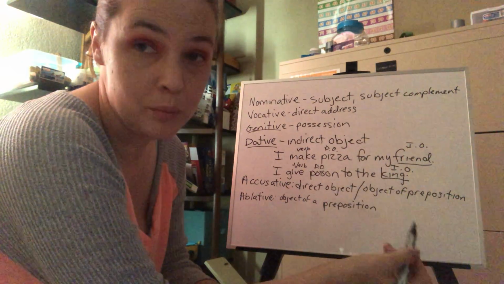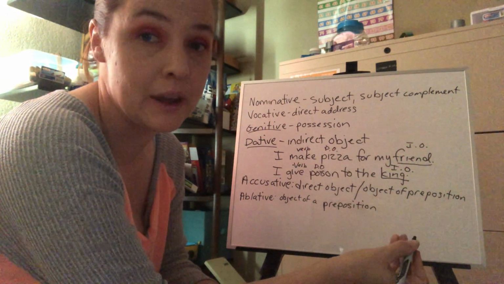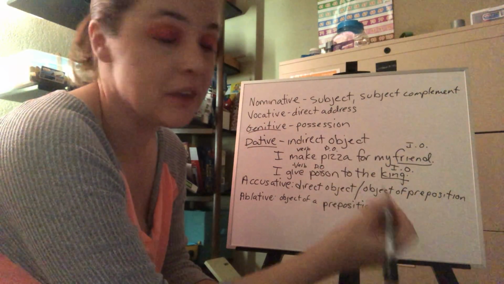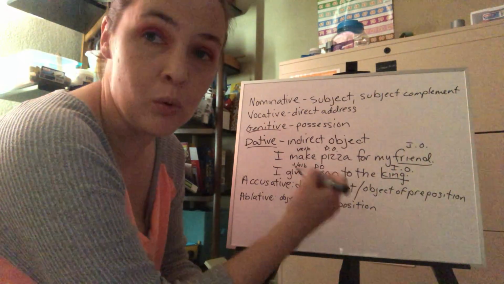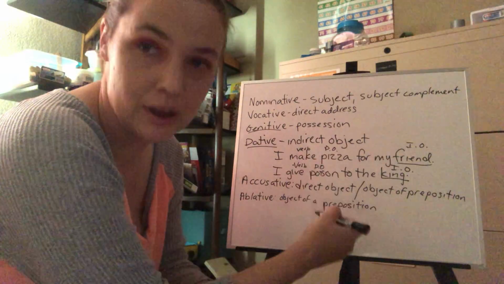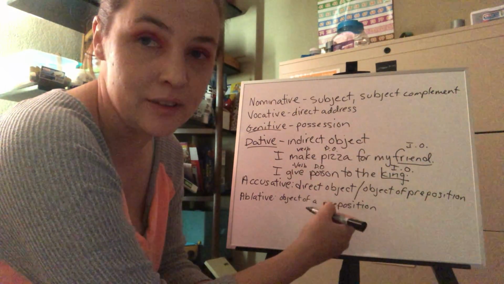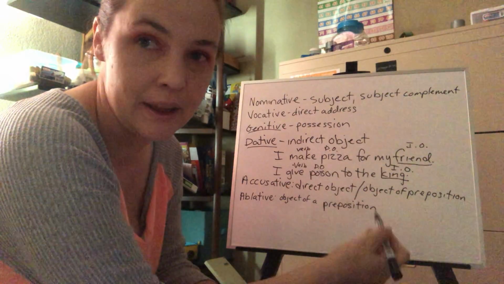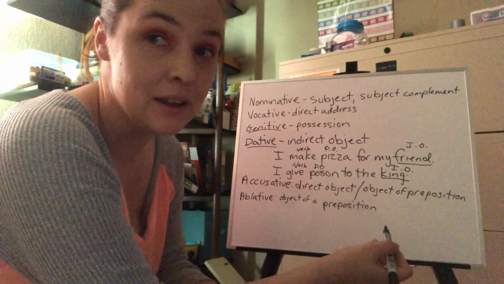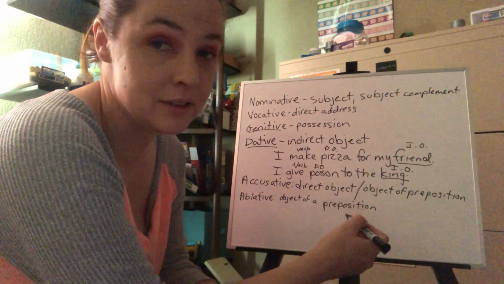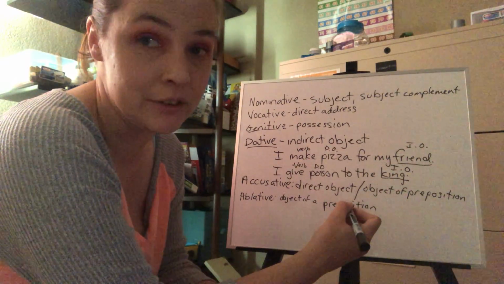It will screw you up. It will mess with you. Get them memorized in the same order every single time. Do not change the order of the cases as you're declining or as you're writing out endings or anything like that. You will suffer, and it's a completely unnecessary suffering.